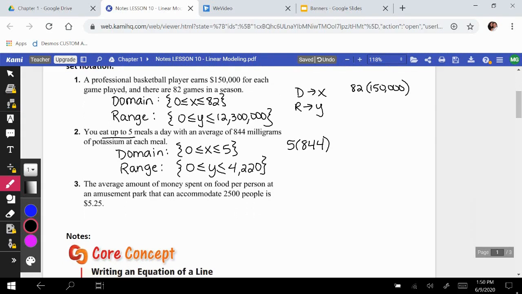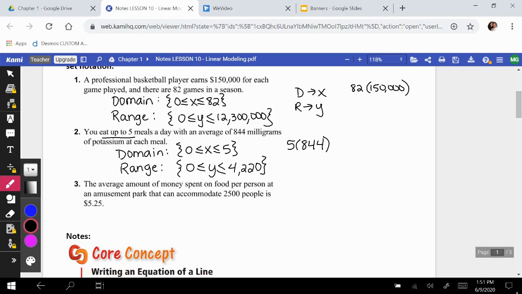Okay. The average amount of money spent on food per person at the amusement park that can accommodate 2,500 people is $5.25. So is the amount of money spent on food going to determine the number of people in the park? Or is the number of people in the park going to determine how much money you're spending on food?